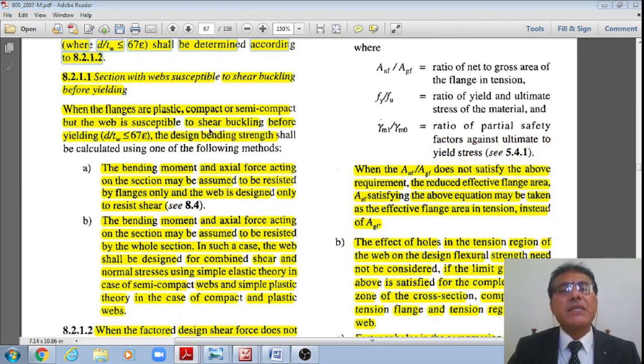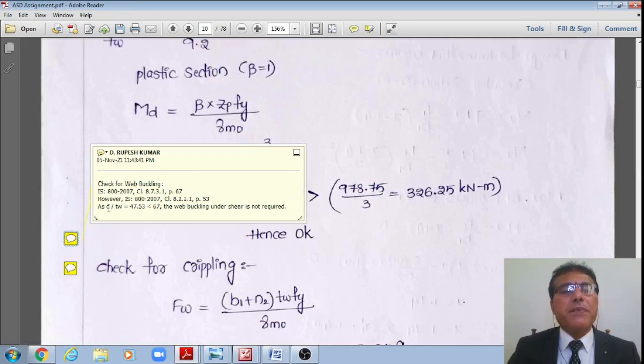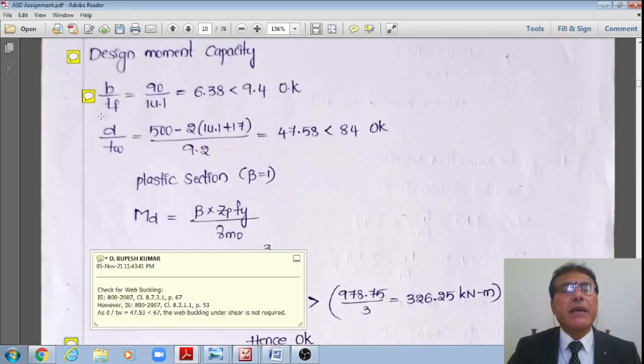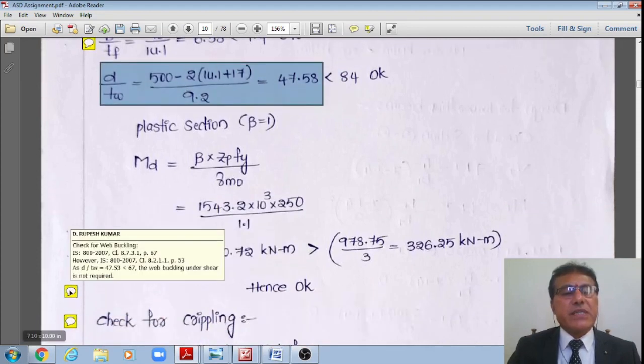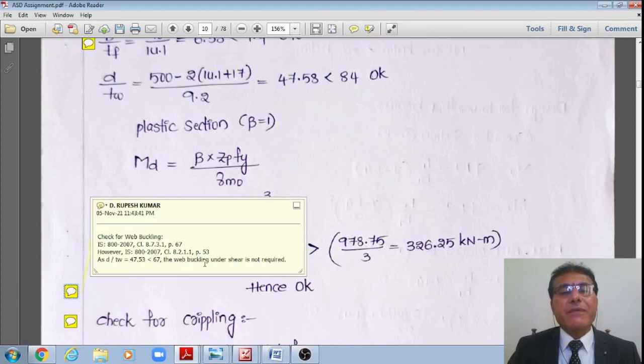Then the code says it is not susceptible to shear buckling. We already obtained d by tw in the previous subheading: d by tw is equal to 47.58, which is less than 67. Therefore, the web is not susceptible to shear buckling, and the check for buckling need not be done.